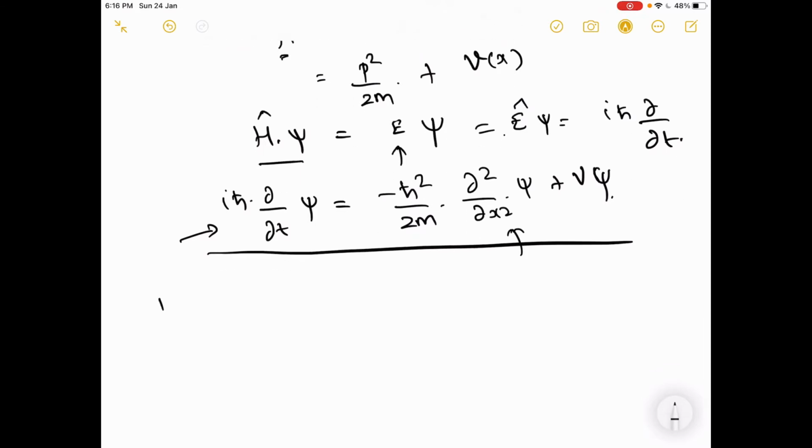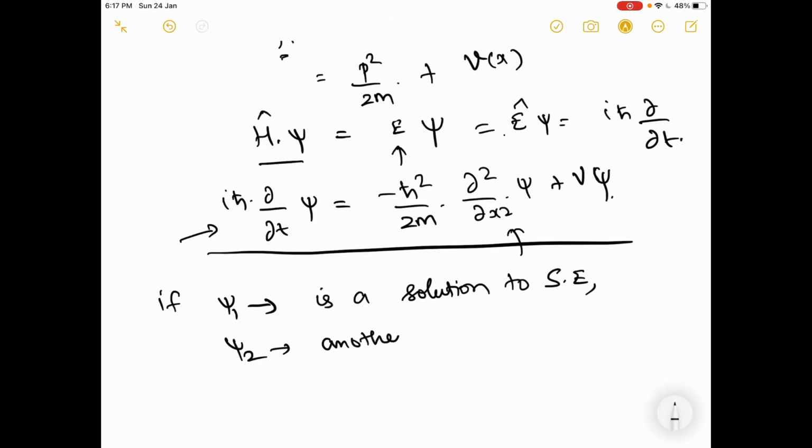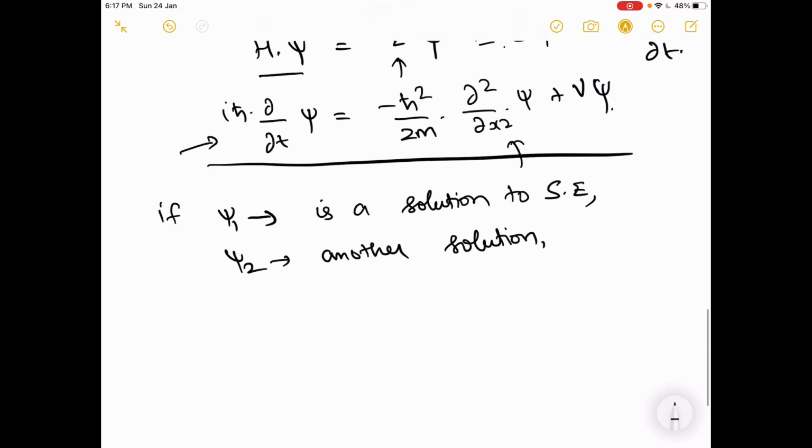So if psi 1 is a solution to the Schrodinger's equation and psi 2 is another solution, it is true that psi, which is a linear combination, is also a solution.